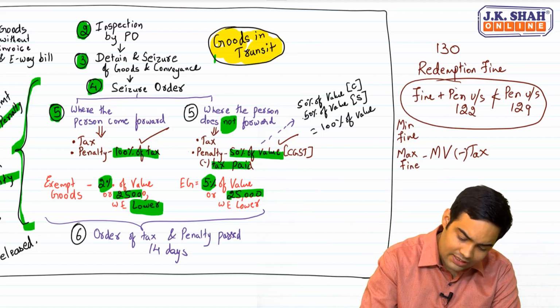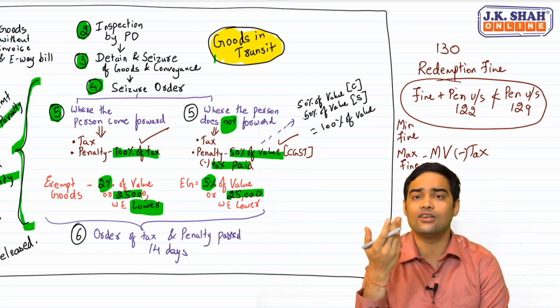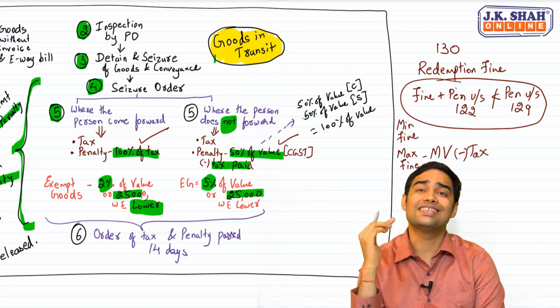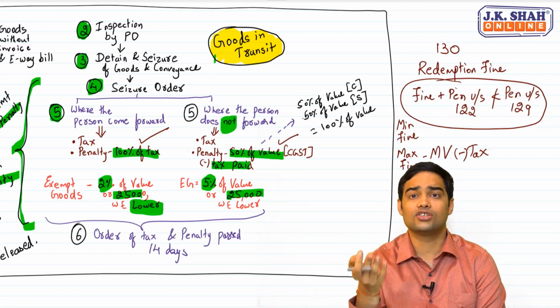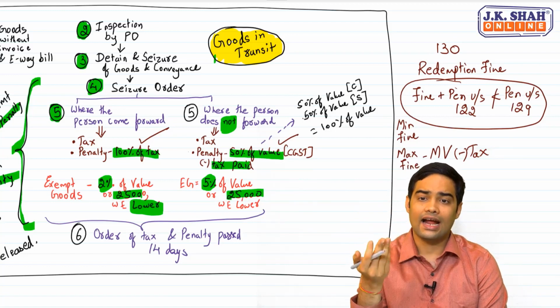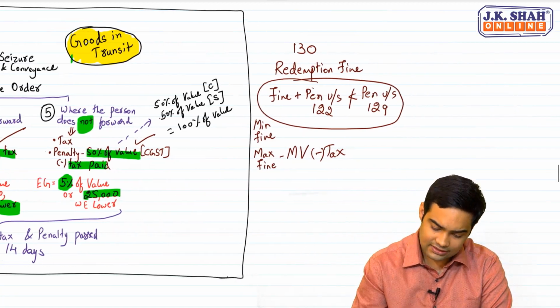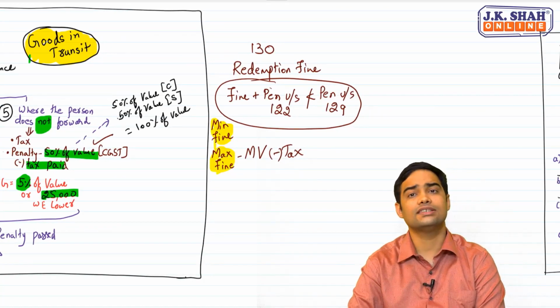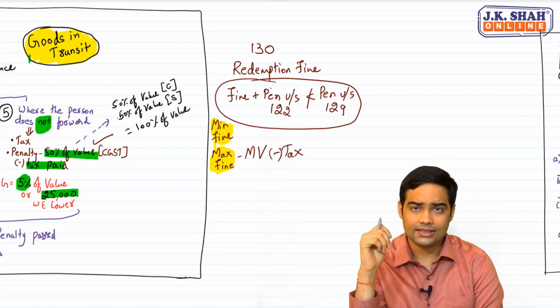It can also happen for goods other than in transit, like a normal search carried out on the business premises. In such cases also, goods will be confiscated, and thereafter if you want to release them, this is the minimum fine, this is the maximum fine. Clear with this? So this is section 130.